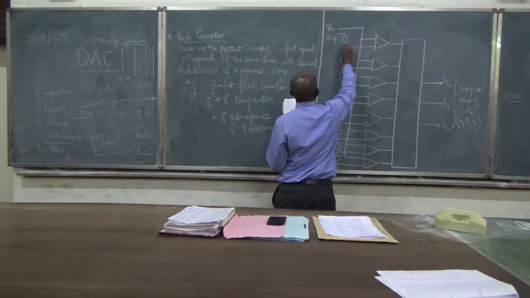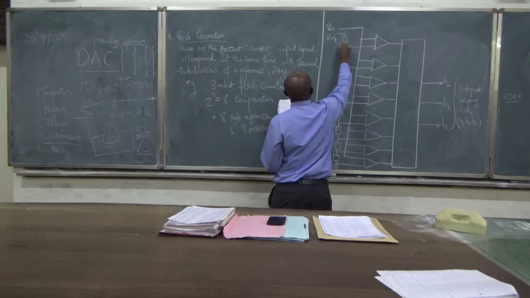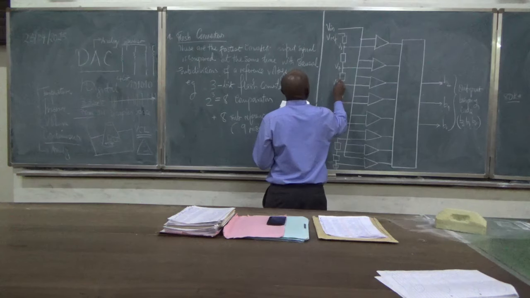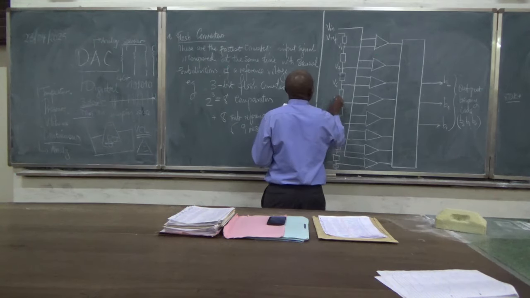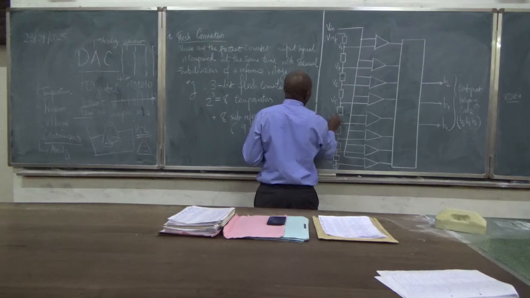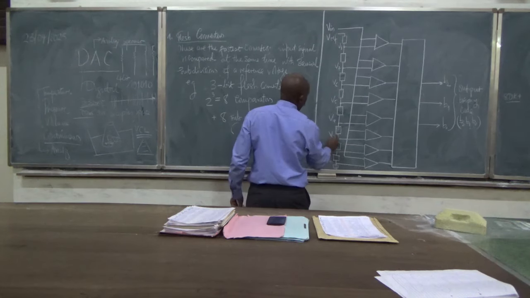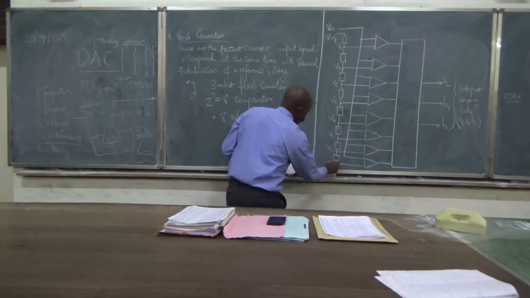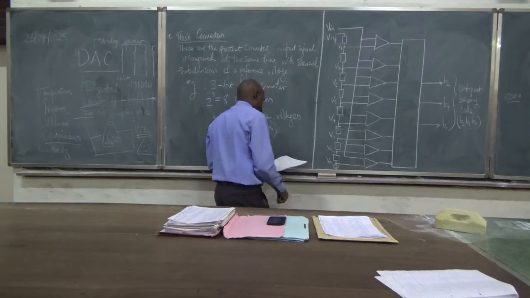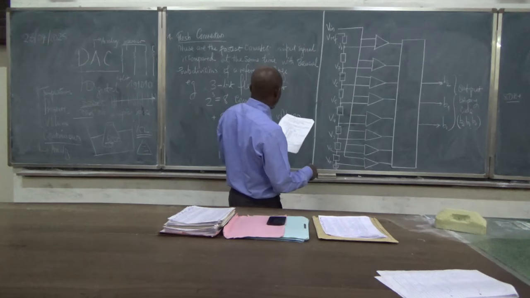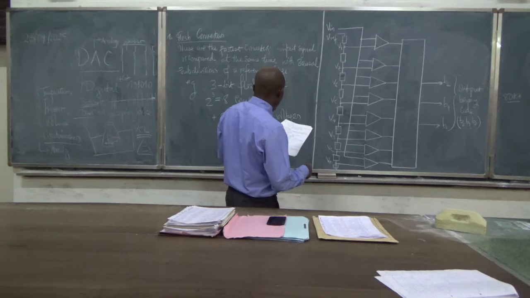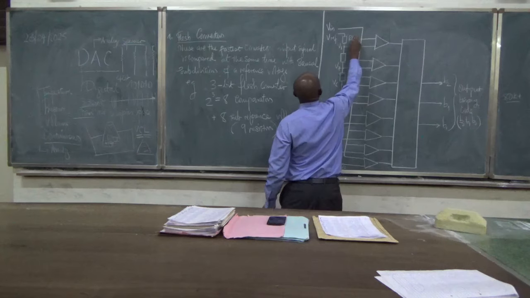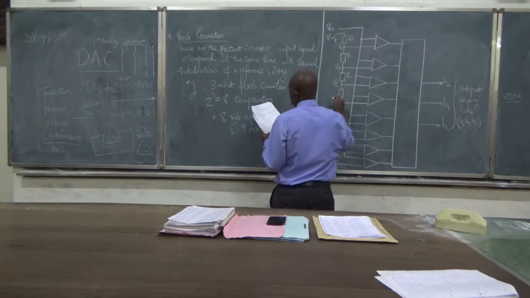The one which will be going here will be V8, V7, V6, V5, V4, V3, V2, and then finally V1. And we have R over 2 for this one, and this is R over 2, and all these other ones are R.